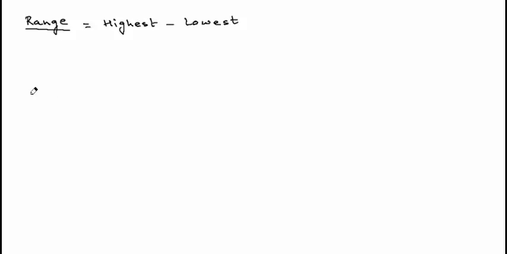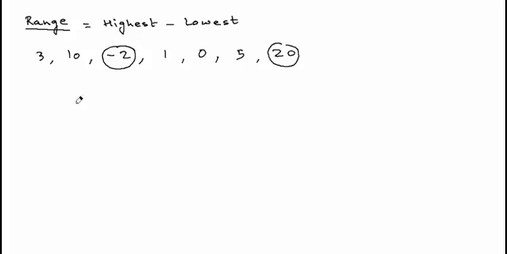So let's say we have a set of numbers 3, 10, -2, 1, 0, 5, 20. The range is going to be the highest, which is 20, minus the lowest, which is -2. So you have 20 minus -2, which is equal to 22. The minus on the negative turns it to a positive 2.